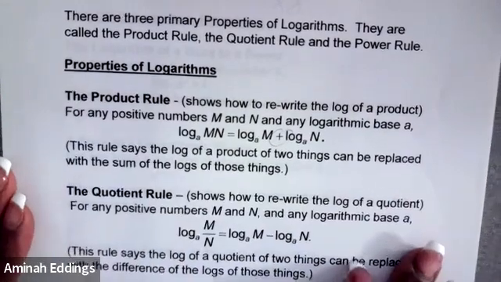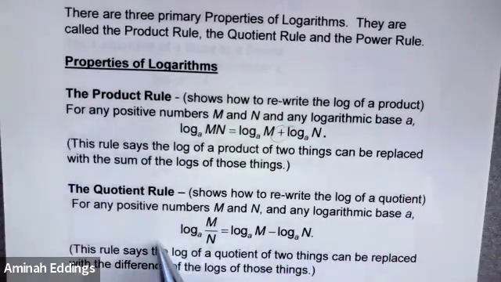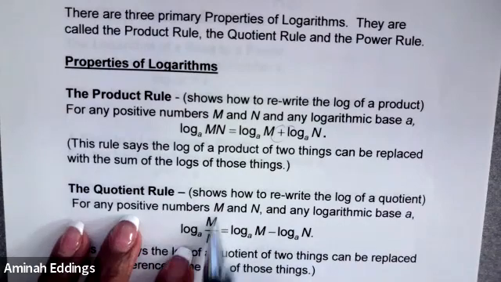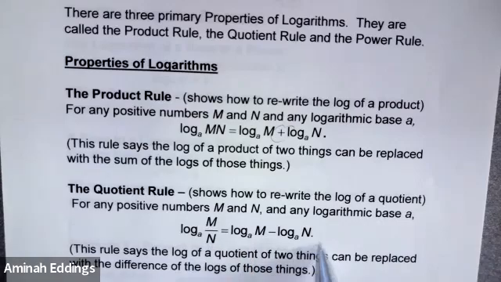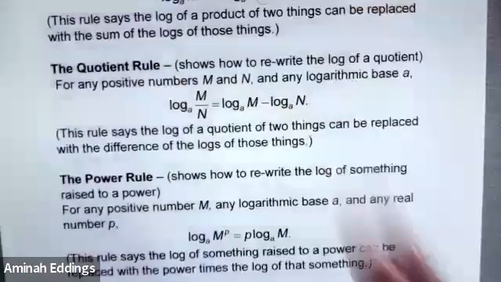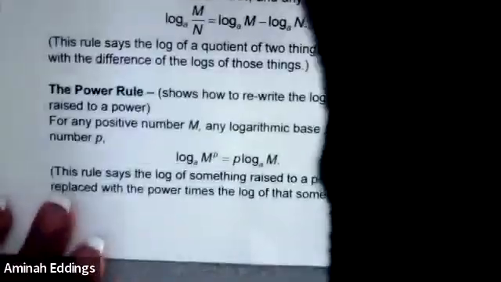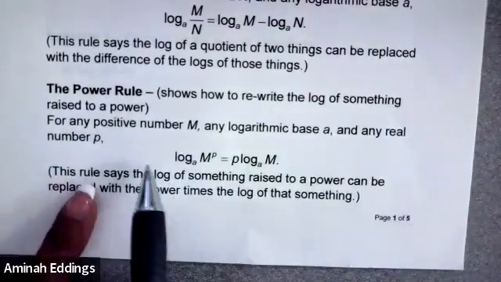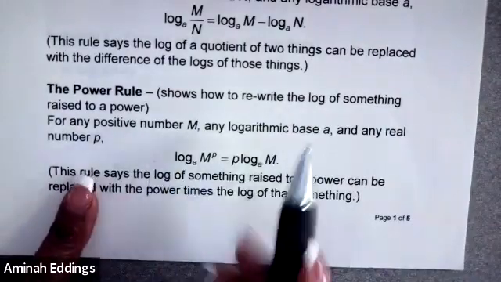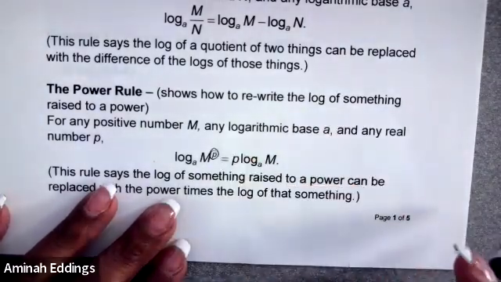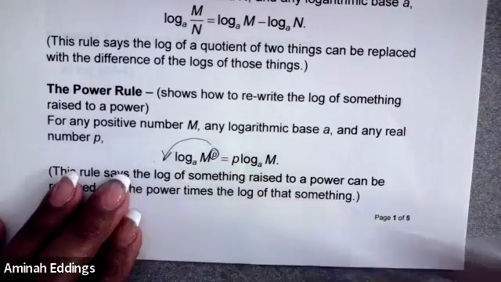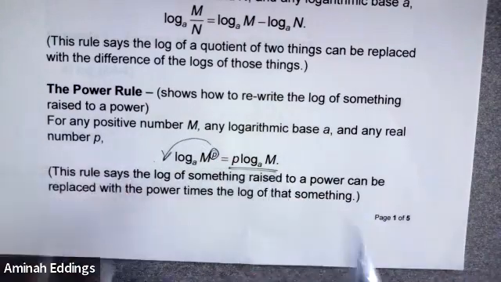The quotient rule says that if we have division of expressions, then we can expand it out into subtraction. And then our last property is the power rule. The power rule simply says if we have a log with a base and we have an exponent on that expression, we can move it to the front. And so it becomes p log base a of m.